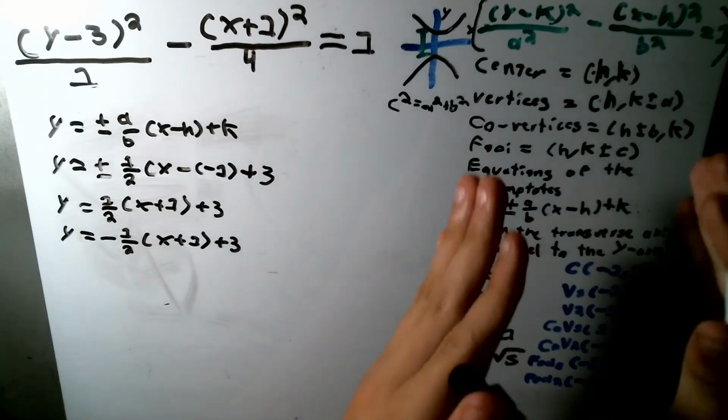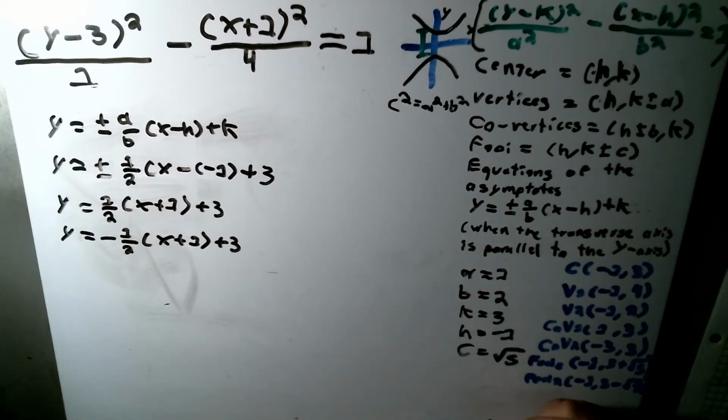And because we have all the information here, I'm going to write it here too. Y equals 1/2 x plus 1 plus 3, and y equals minus 1/2 x plus 1 plus 3. Oh, I hate that you cannot see it. I really hate the camera.